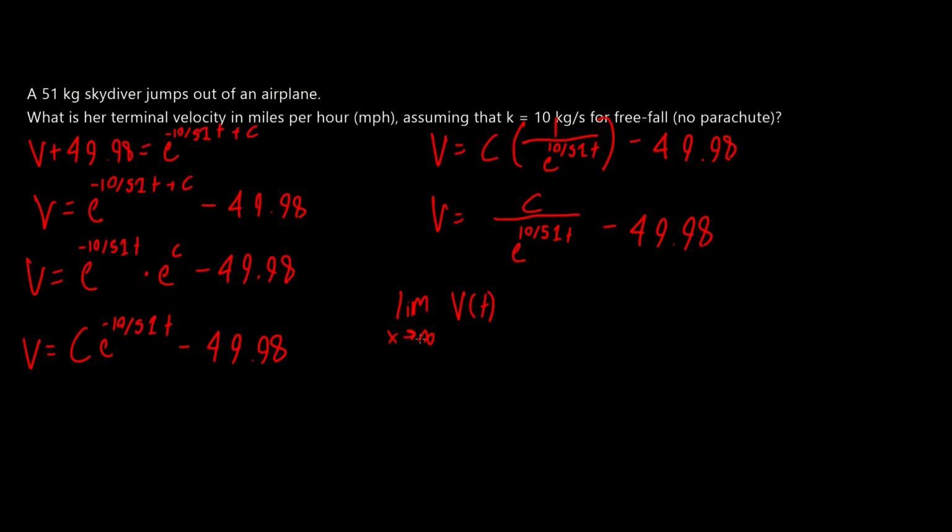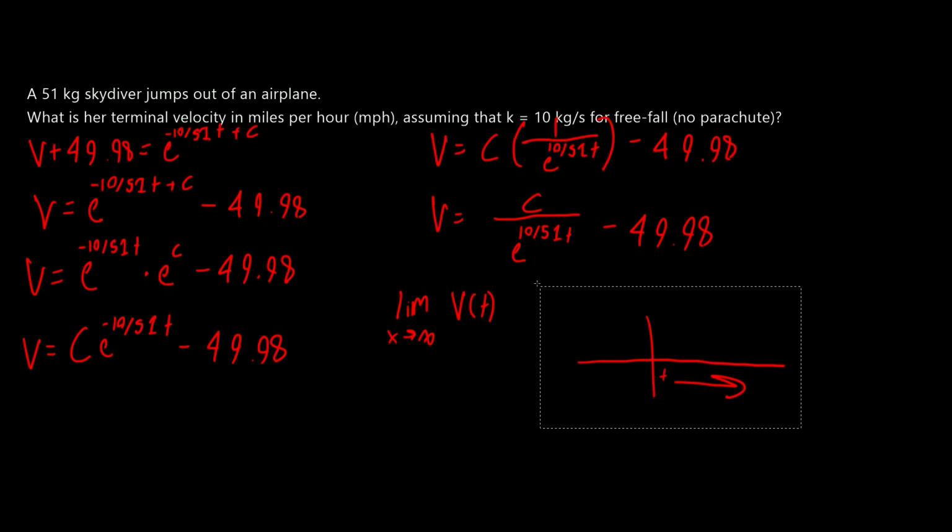A limit will be approaching infinity on the x-axis. If you make a table, you're going to keep going toward infinity in terms of, in this case it's x, but it should be t. I'm going to change that in a little bit, but really this is t. So as time increases, we're going to keep falling faster and faster, but at one point we're going to reach a maximum and we will not get faster than that because of air resistance. So what this limit will do is tell us what velocity it's going to be approaching after a really long time.